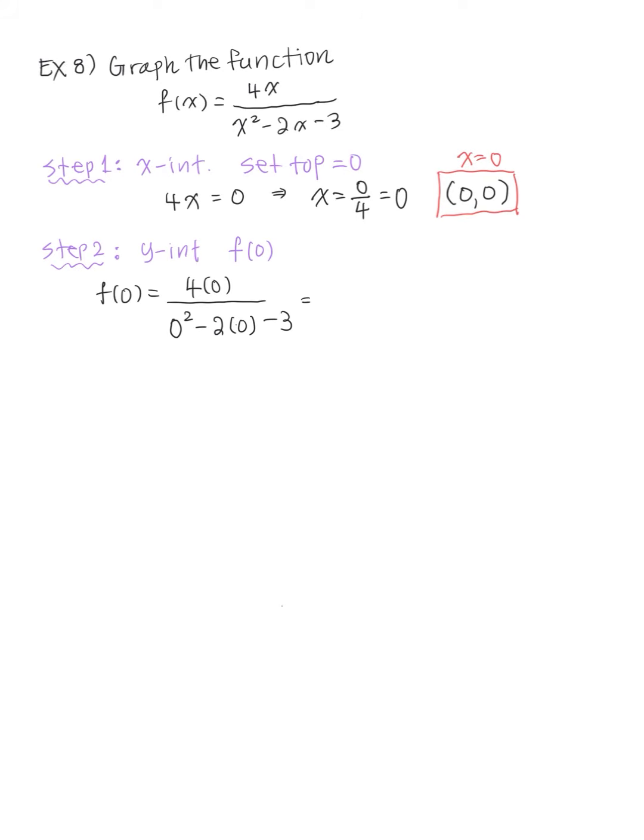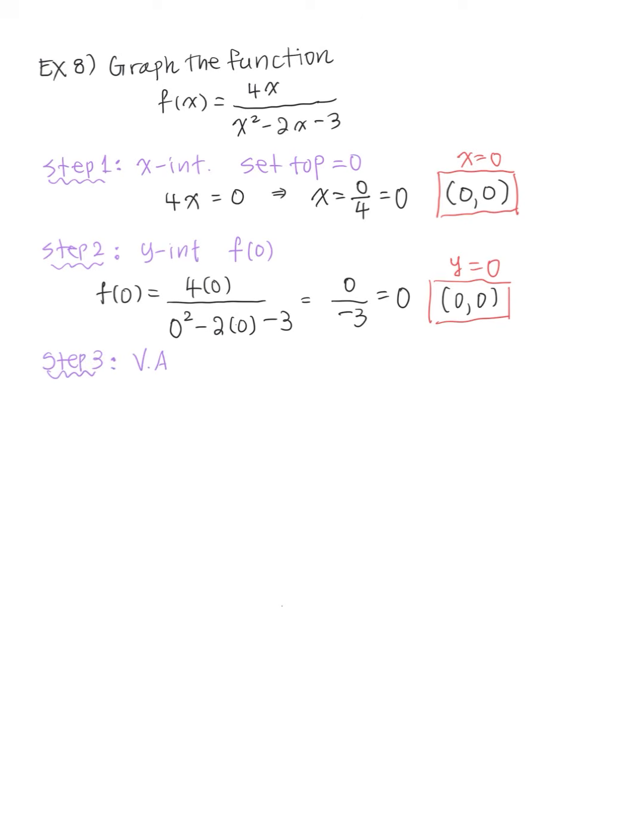So here, how boring. 4 times 0 is 0. And on the bottom, we're going to have negative 3, which is going to become 0. So here, our y-intercept and x-intercept is going to be at the origin. So let me just write down (0, 0). And this is where the y-intercept happens. So y equals 0.